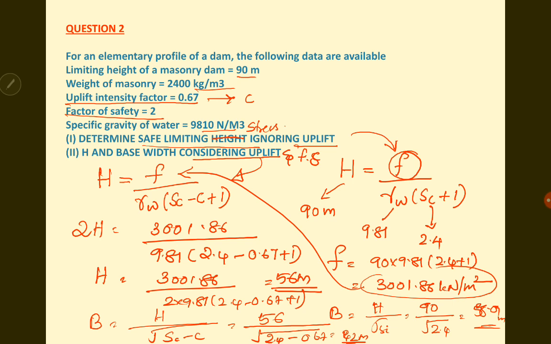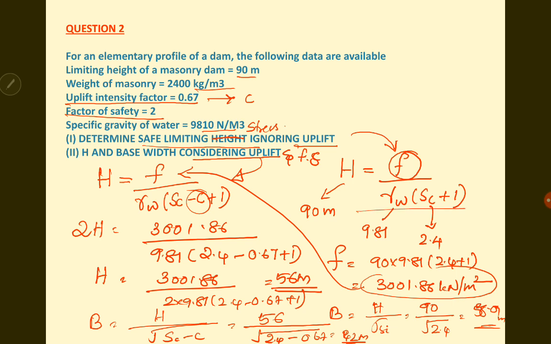So this is question number 2, where they have just asked us to find the safe limiting stress and safe limiting height. You have to know the two basic equations here: H is equal to F by gamma W into (SC minus C plus 1) considering the uplift. If the uplift is not considered, the term C is not there.